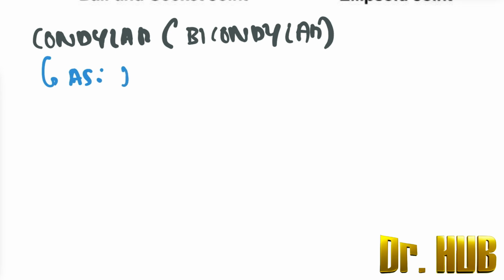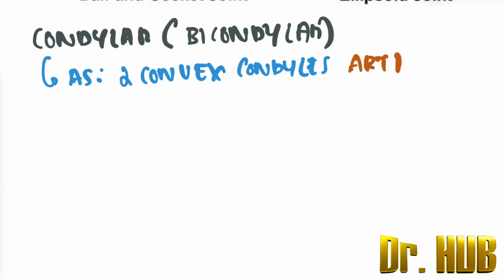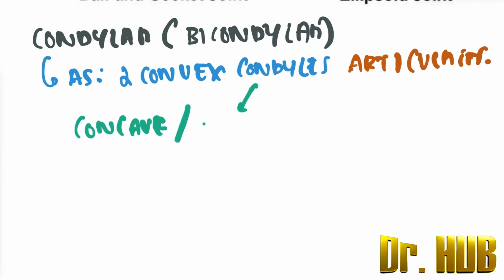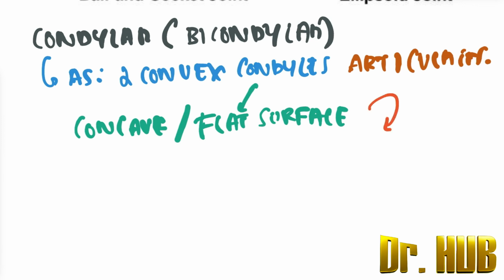The two convex condyles articulate with a concave or flat surface on the other side.